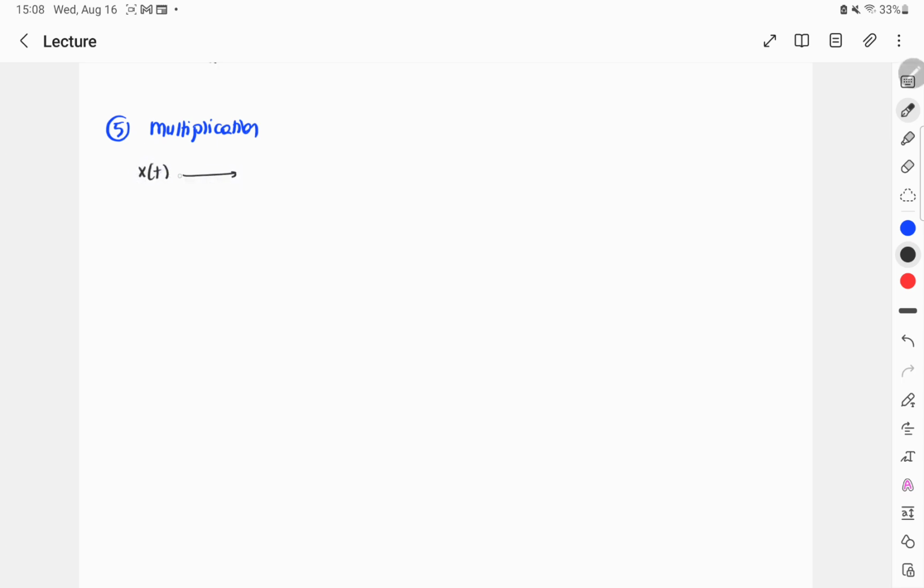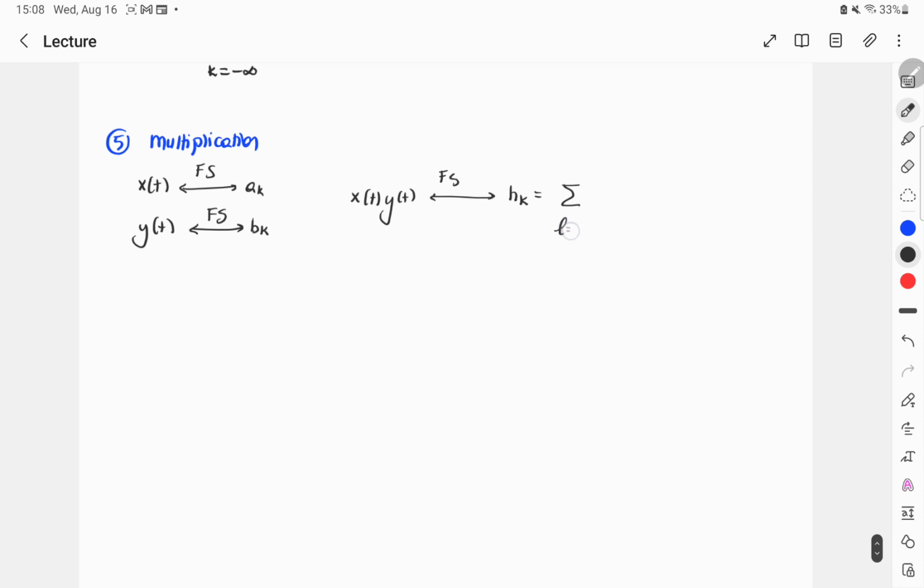If the Fourier series coefficient of x of t is a k, and if the Fourier series coefficient of y of t is b k, then if x of t and y of t are multiplied, the Fourier series coefficient is obtained as the sum over l going from minus infinity to infinity of a subscript l times b subscript k minus l.